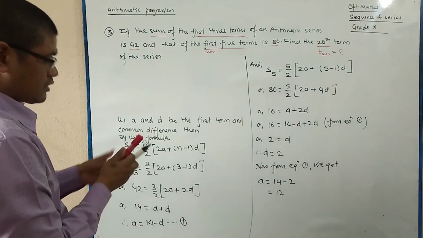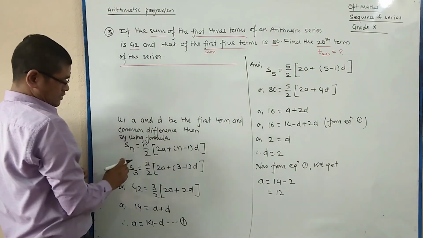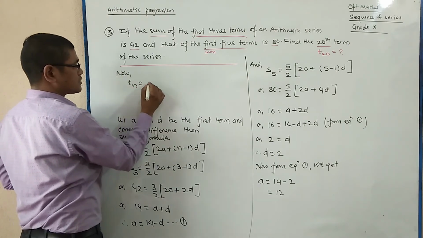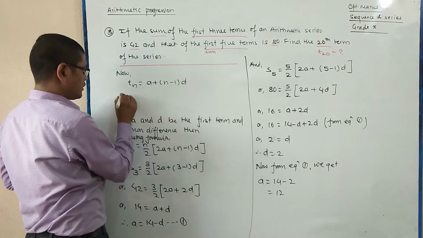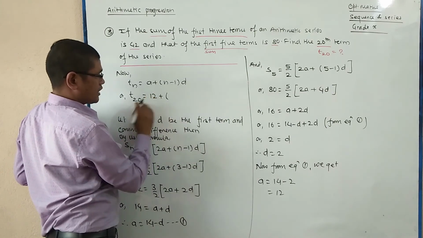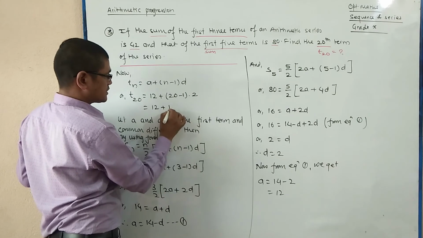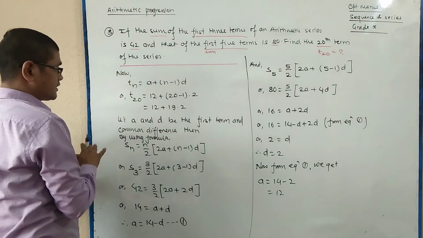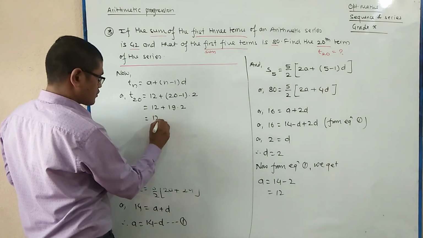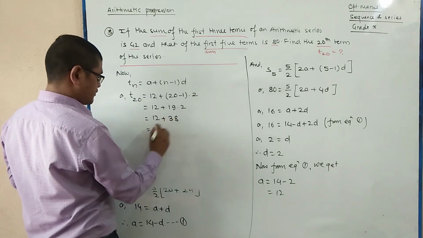Now we are asked the 20th term. Tn equals a plus n minus 1 d, so T20 equals a, 12, plus 20 minus 1, and d we have 2. 12 plus this is 19 times 2, which is 38. Equals 12 plus 38, which is 50.